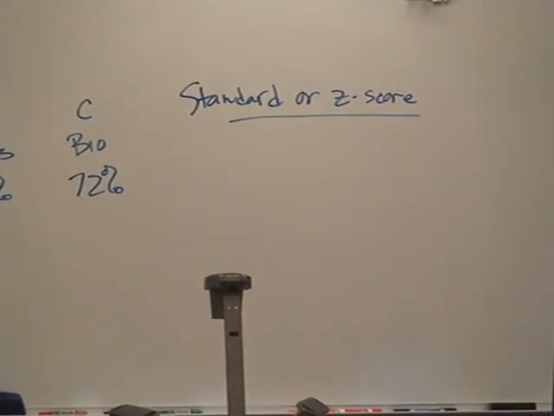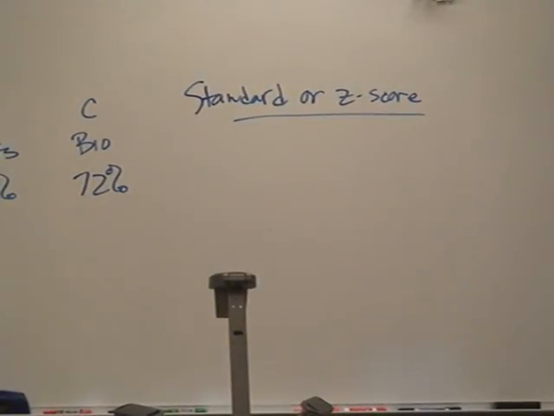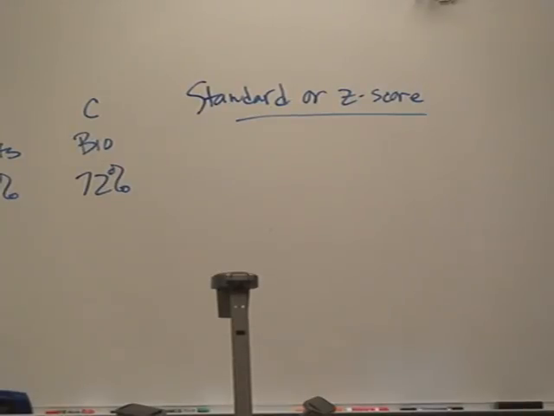You've heard of standardized testing? This is how they standardize. Okay? It's really important. We use z-scores heavily through the entire course, so it's really important to understand what a z-score tells you.